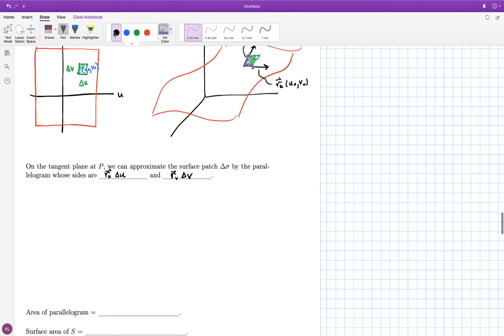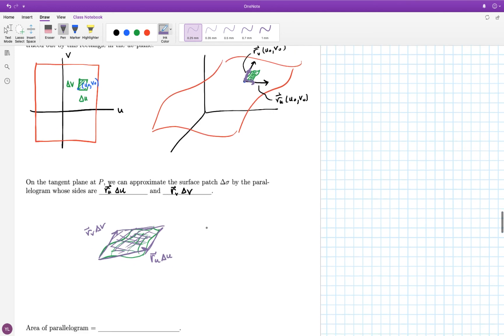So let me redraw this. I've got a little bit of the surface. I'm zooming in here. And then I have an ru delta u vector and an rv delta v vector. And when I form a parallelogram with those two vectors, it's going to form this flat surface, but when delta u and delta v are very small, the flat parallelogram and the curvy piece of the surface that it's trying to approximate are nearly indistinguishable.